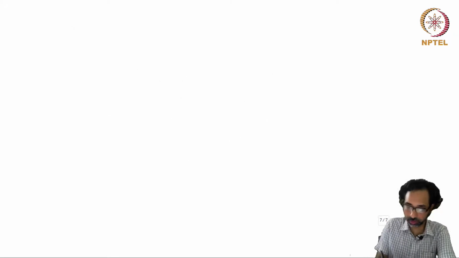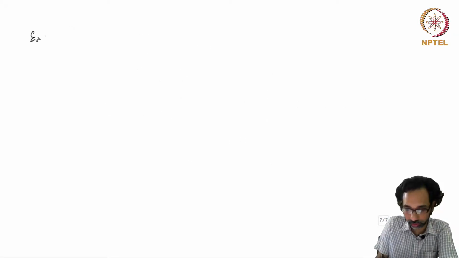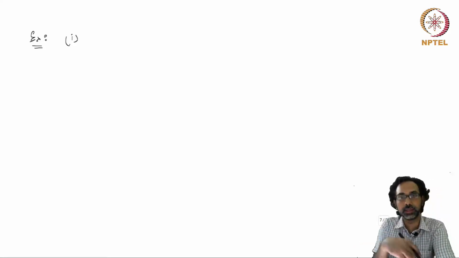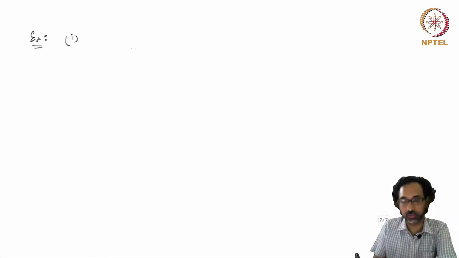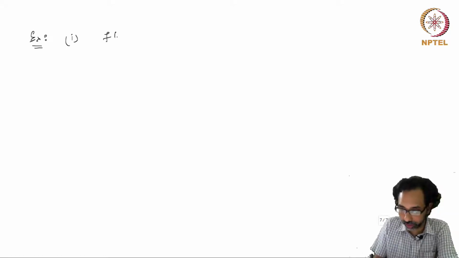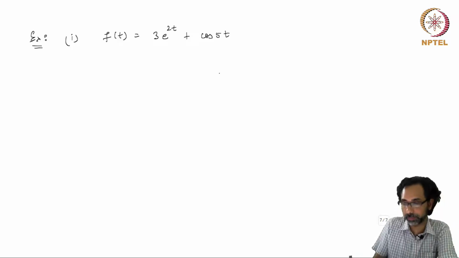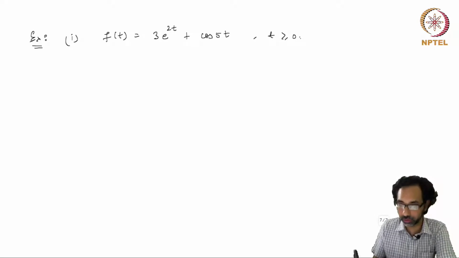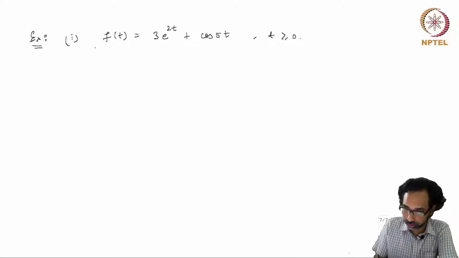Now let's try to compute an example using both linearity as well as the change of scale formula. Let me write f t is 3 exponential 2t plus cos 5t for t greater than or equal to 0.